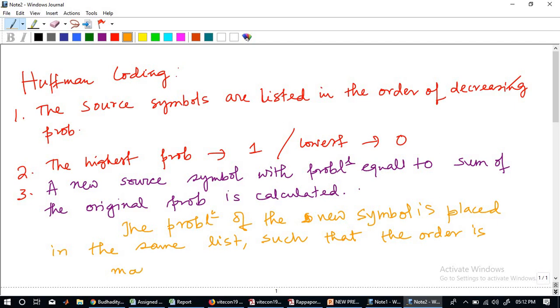So what does this mean? By adding up two different probabilities, if we come across a new probability, it will be placed in a position so that the order is maintained.